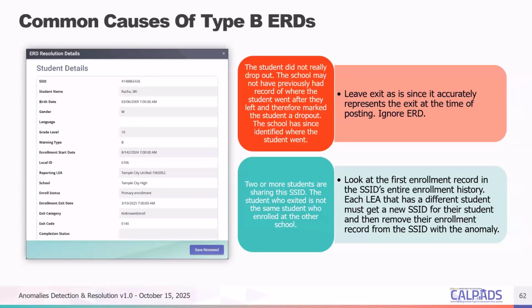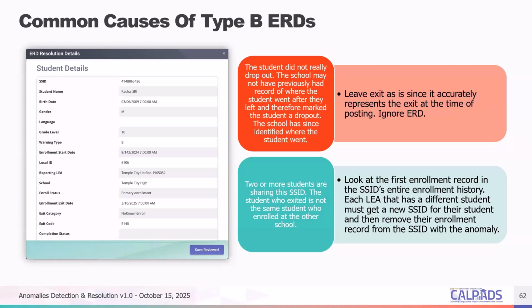And then for B, you have a student who was exited with a dropout exit. So you have E400s, E140, and it turns out the student then re-enrolled at your district.